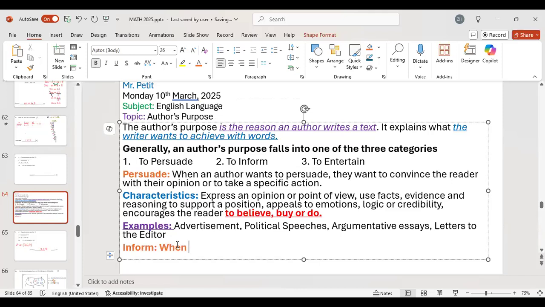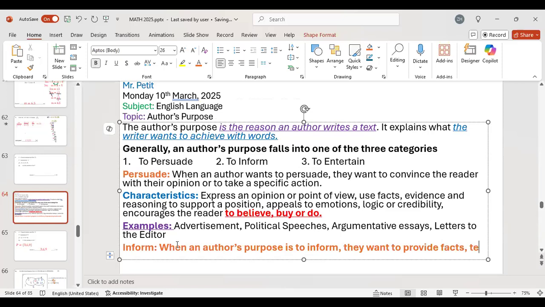When an author's purpose is to inform, they want to provide facts.